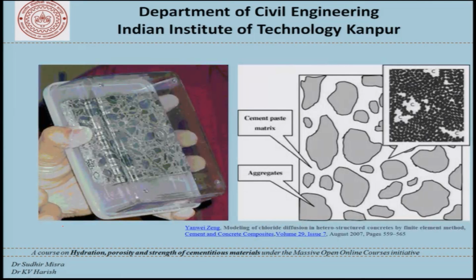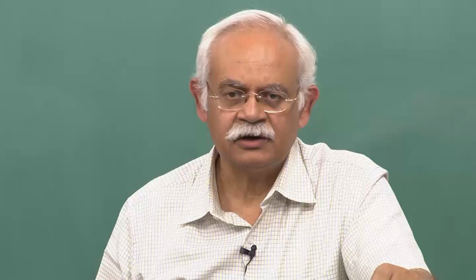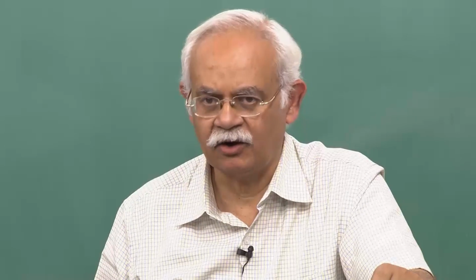Now, moving forward, this is the picture that is being used as a basis for all our discussion for the bulk properties of concrete, or the properties of bulk concrete.